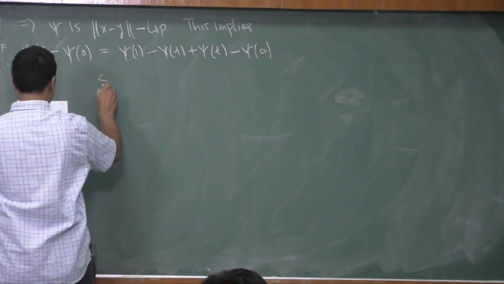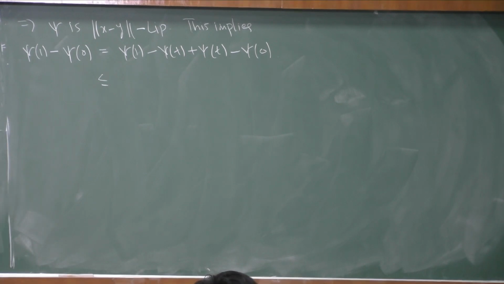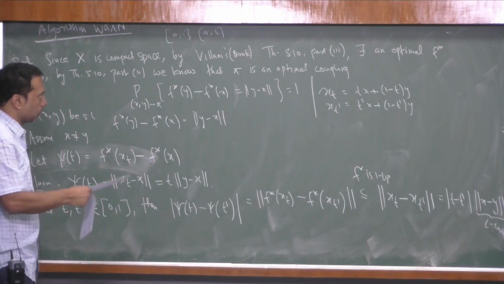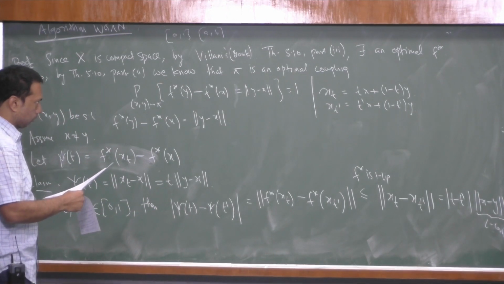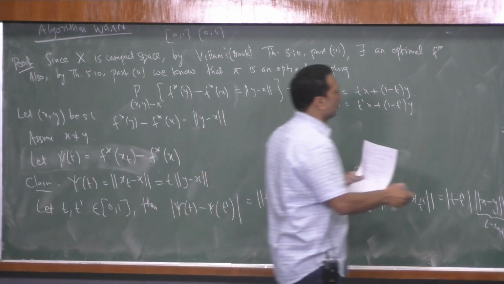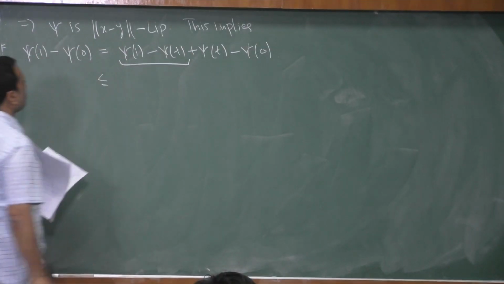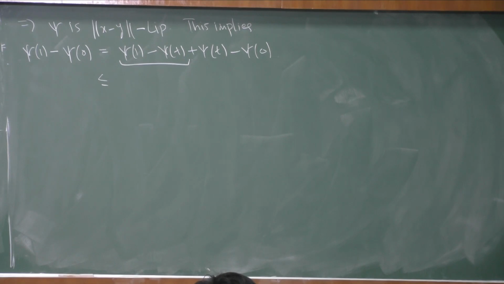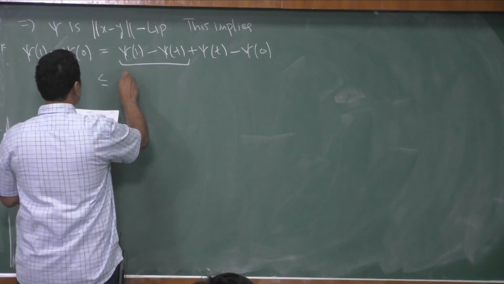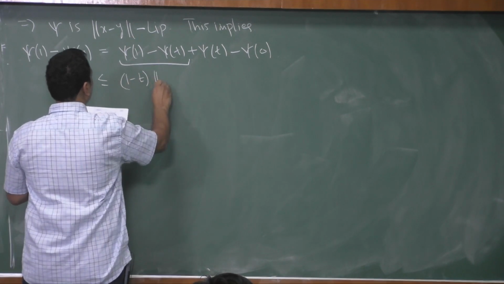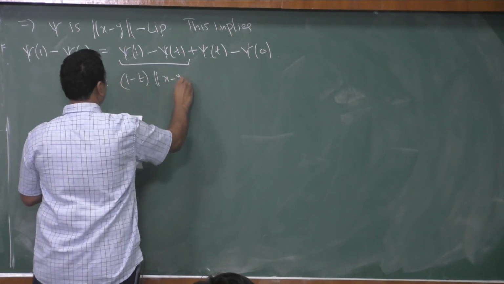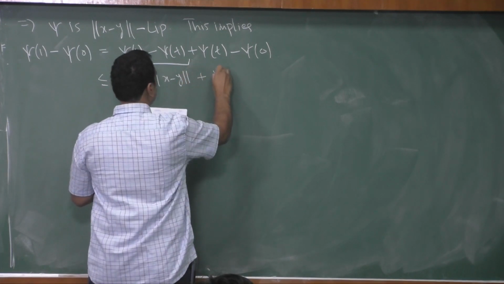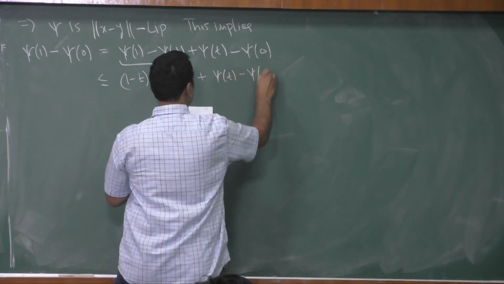Now this is less than or equal to, so I have shown that psi t minus psi t prime is less than or equal to mod t minus t prime times norm x minus y. So I'm going to use that in the first term, that psi is Lipschitz. So this will be, I guess, 1 minus t, so 1 minus t times norm x minus y, plus psi t minus psi 0.